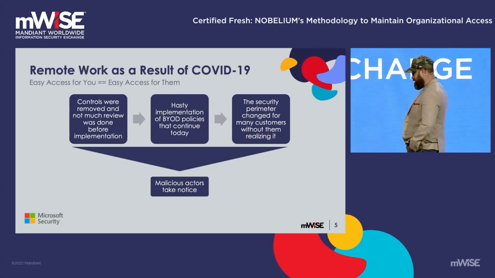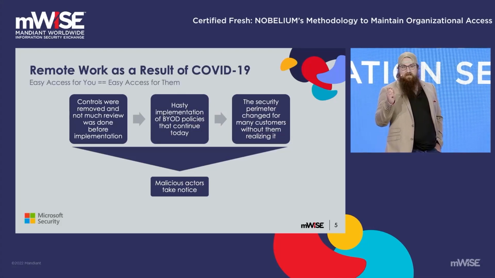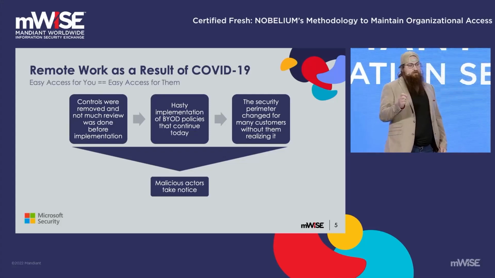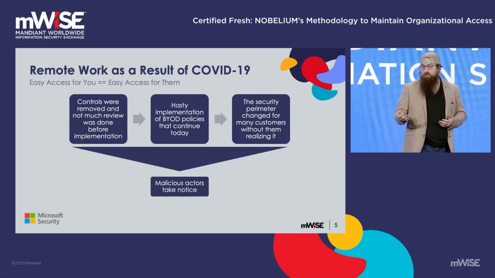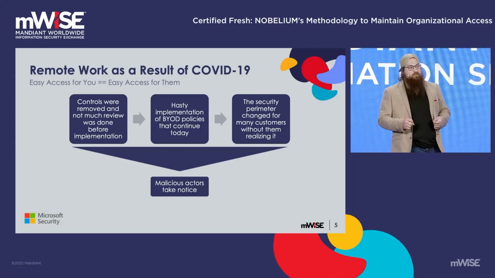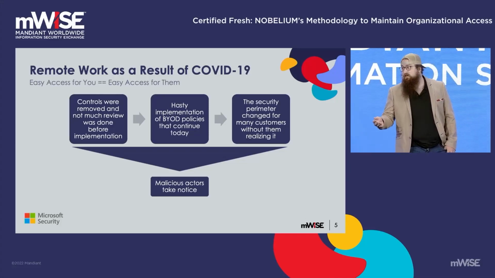Yeah, so something happened in 2020, and it resulted in a lot of organizations actually weakening their security posture in a number of ways to allow remote work to occur. And it changed the security perimeter for a lot of organizations without the organizations and the security teams really realizing it. A lot of these policies continue to today, and they're great.